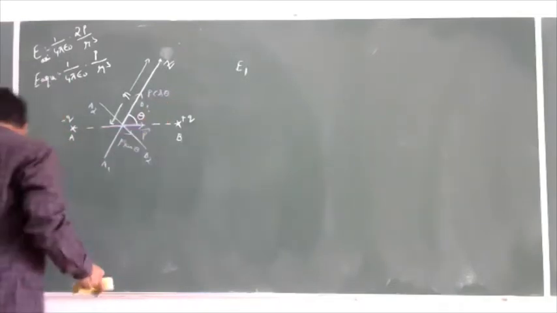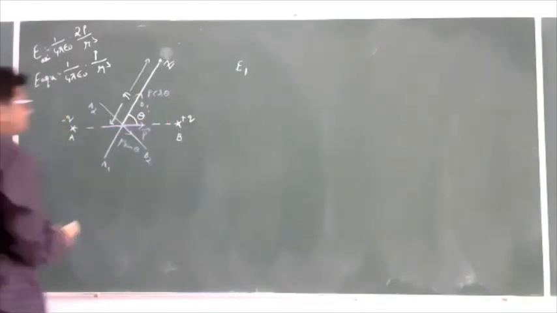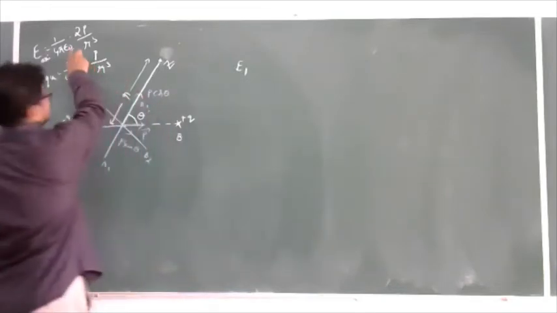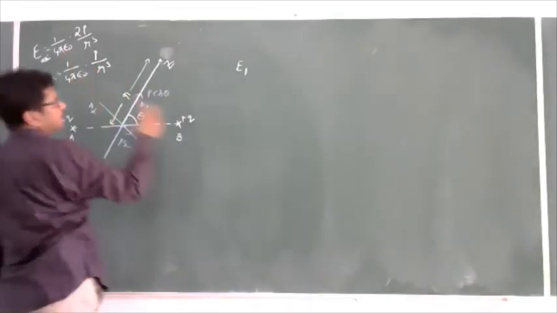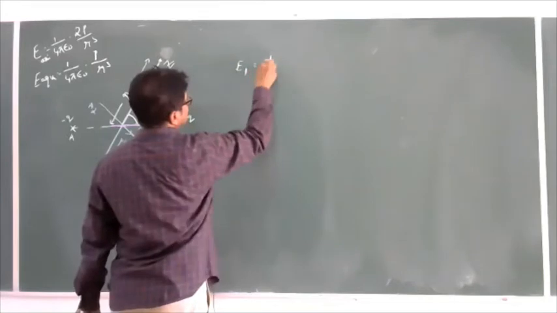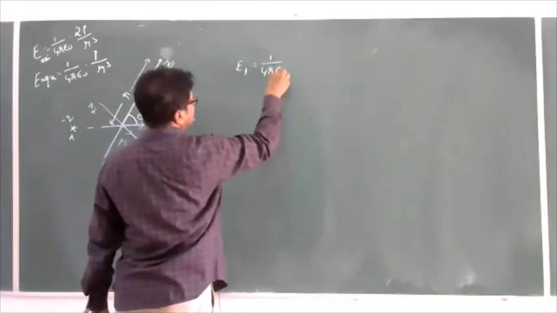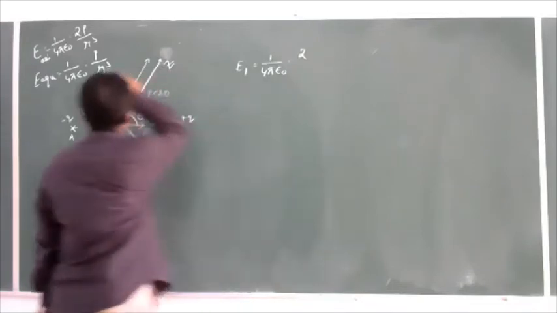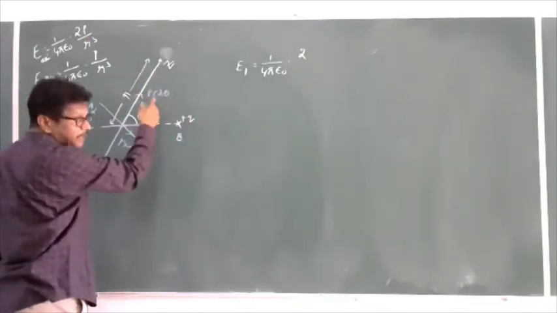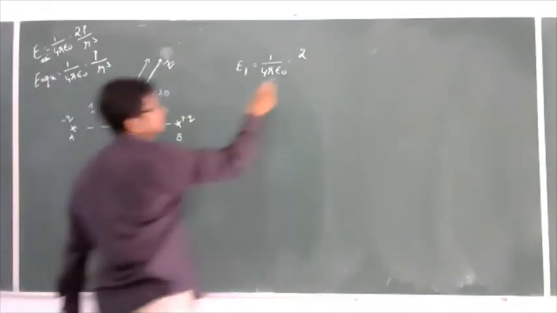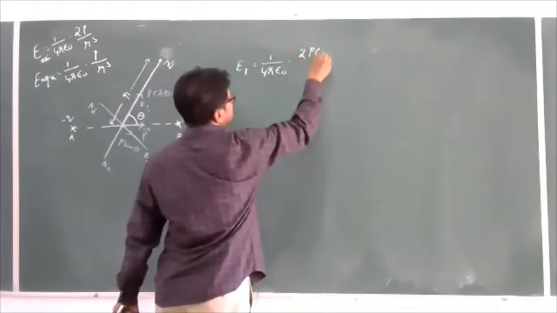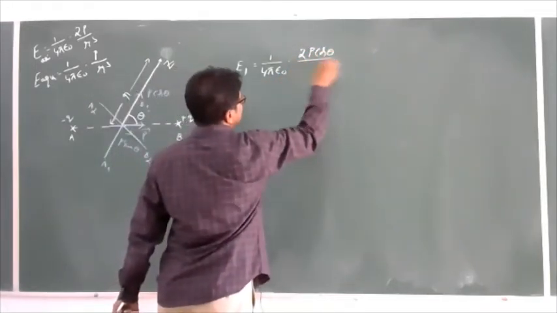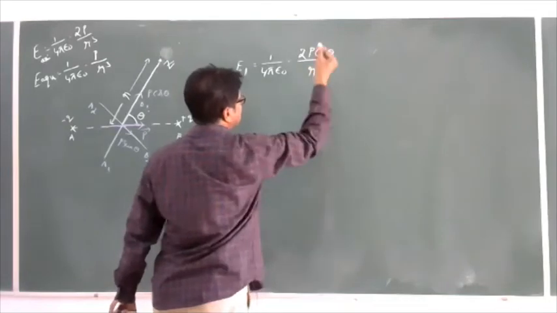So E1 is equal to, what is the formula for the axial line? This formula: E1 is equal to 1 by 4 pi epsilon naught, instead of P, what do we have now? P cos theta we have. So 2P cos theta divided by r cube.